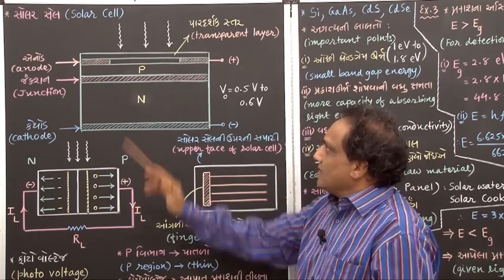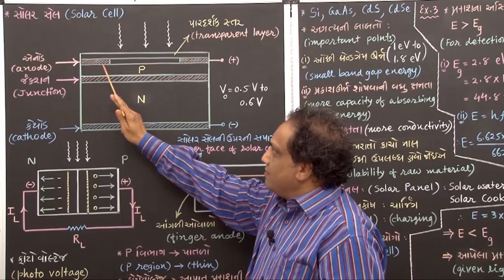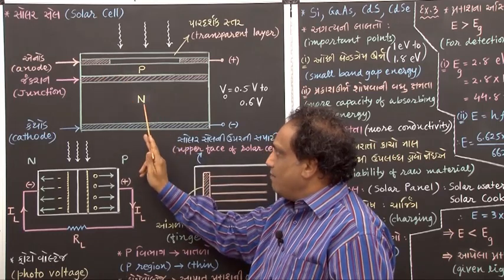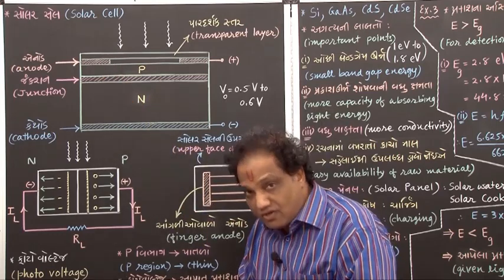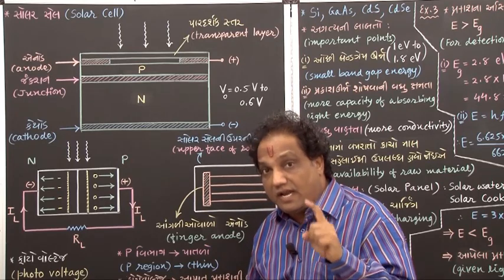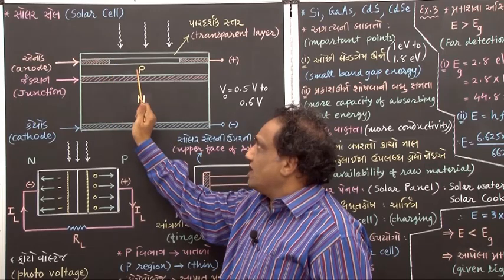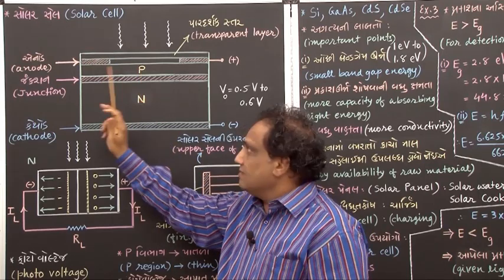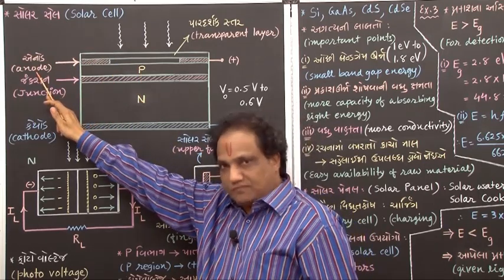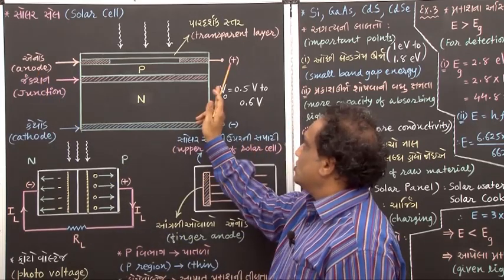Above the P-type semiconductor and below the N-type semiconductor, we have metallic electrodes. The electrode in contact with the P-type semiconductor is called the anode, which gets positive potential.